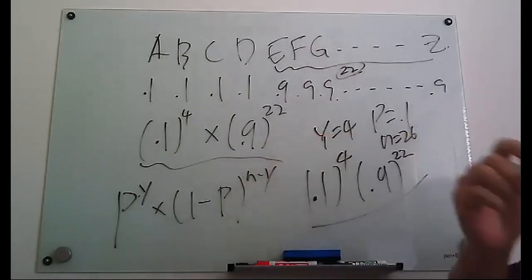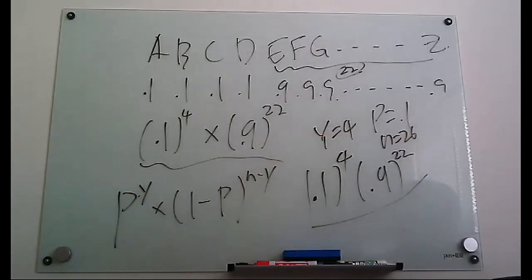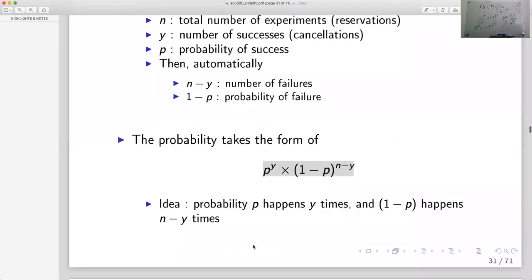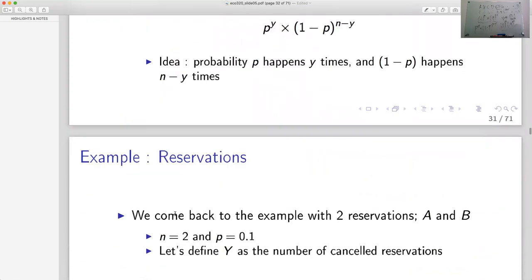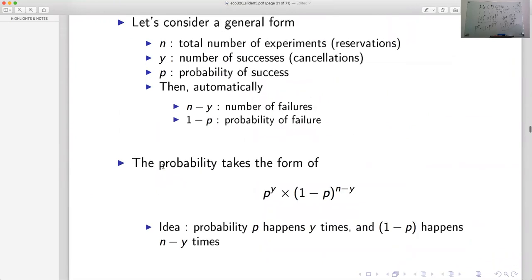Exactly the same. So this is the formula we are trying to use. The idea is that probability P happens Y times and 1 minus P happens N minus Y times. Those are easy; that is again the probability of some events.